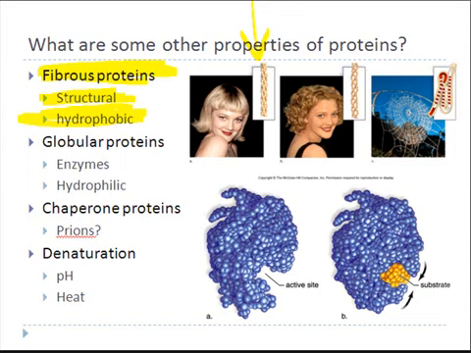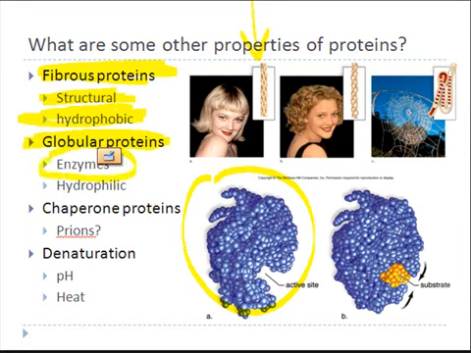By comparison, there's another group of proteins that we call globular proteins, like this guy here. Globular proteins, like their name suggests, usually are very blobby in shape rather than being long and string-like like fibrous proteins. Globular proteins usually are enzymes.